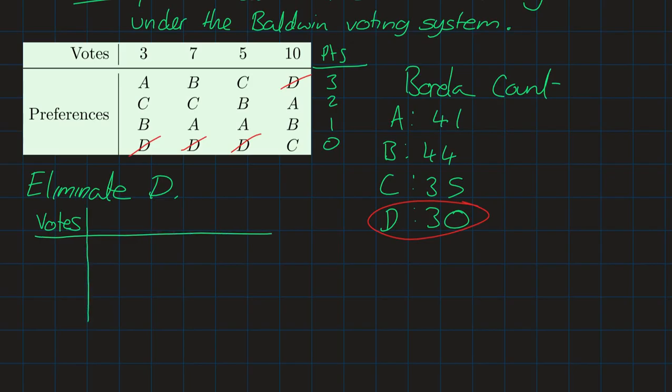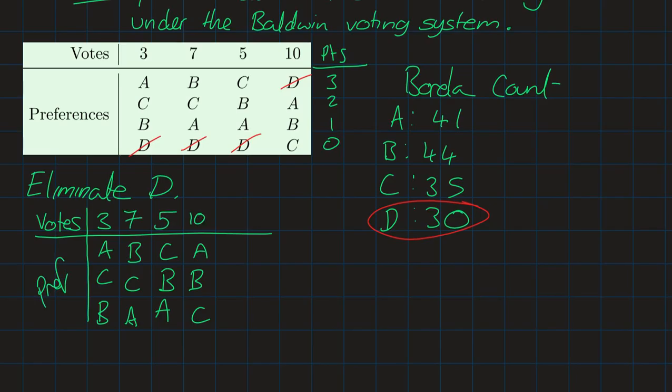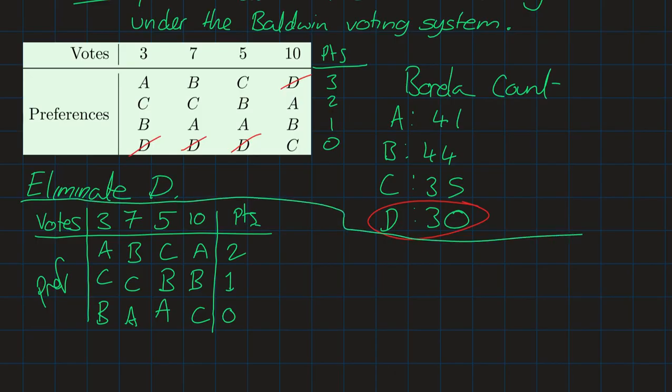The votes are A, C, B; B, C, A; C, B, A; and A, B, C, with 3, 7, 5, 10 voters. And now the new point system is 0, 1, and 2. I recalculate the Borda count.